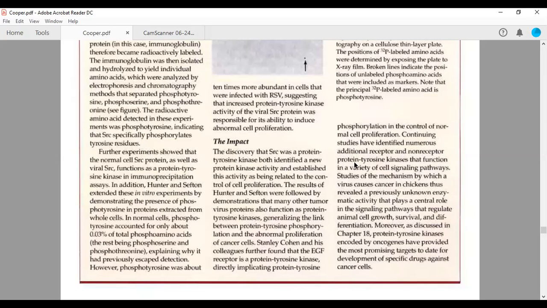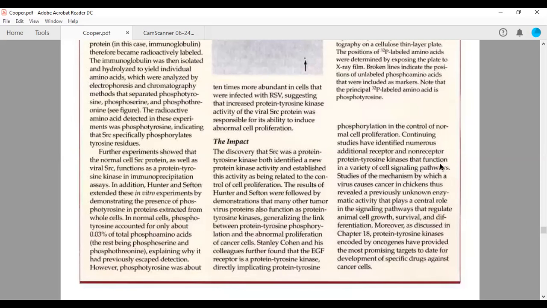The non-receptor protein tyrosine kinases are in cytokine receptor pathways. Cytokines, for example, the erythropoietin hormone, which helps in the generation of RBCs, and interleukin 2, which helps in the generation of T cells. So these are non-receptor protein tyrosine kinases that function in a variety of cell signaling pathways in a variety of ways. We will discuss the ways in which these receptor tyrosine kinases function also.